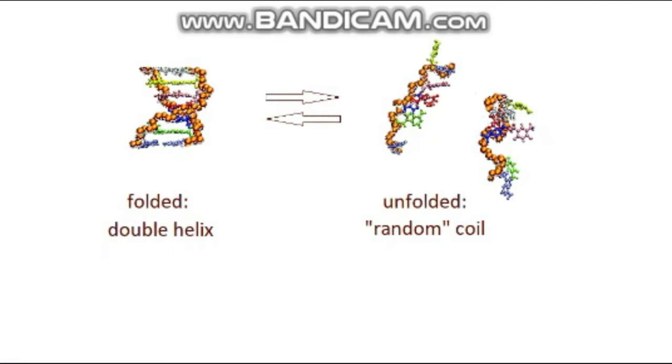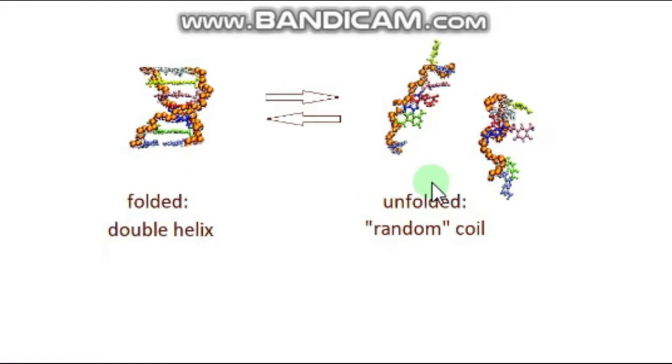But what that means specifically is that we're going to look at what intermolecular forces are present in the double helical state, but also we're going to look at the intermolecular forces that are formed in the unfolded state, because it's a comparison of those two that's going to tell us about the position of equilibrium.